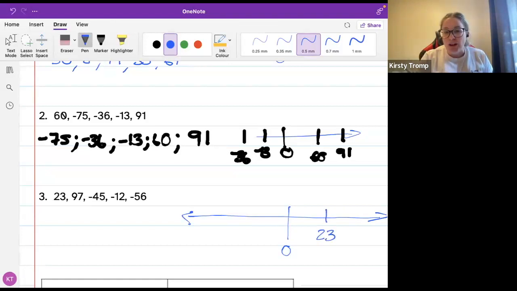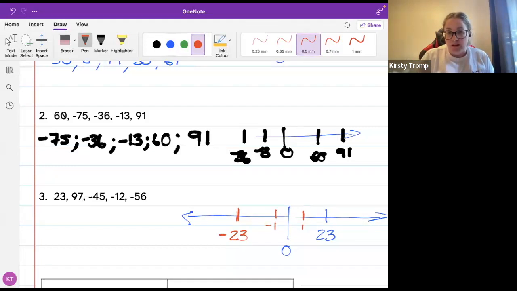Now I know that the opposite of 23, I'm going to put it in red for you, Bushle, would be -23. So I would come here, and the opposite of 23 would be -23. The same as the opposite of 1 would be -1.